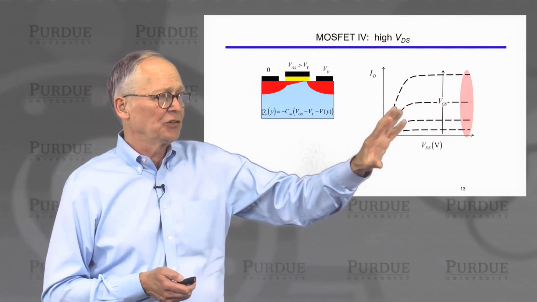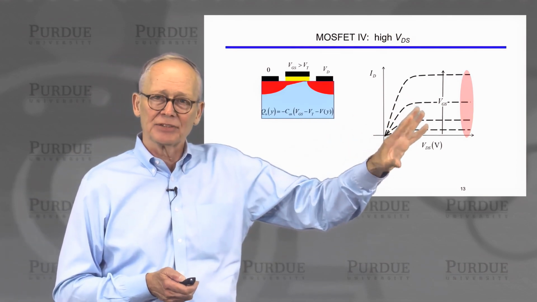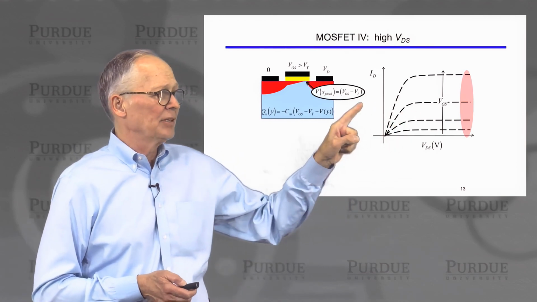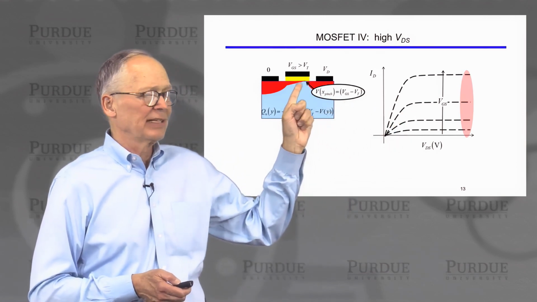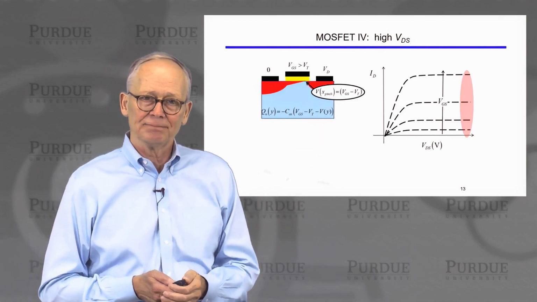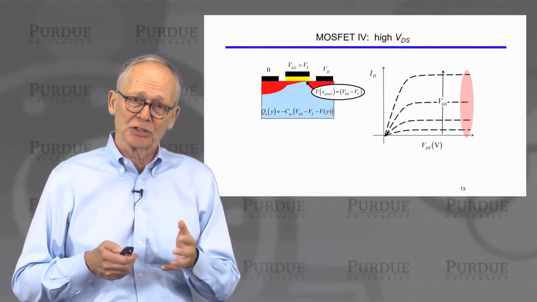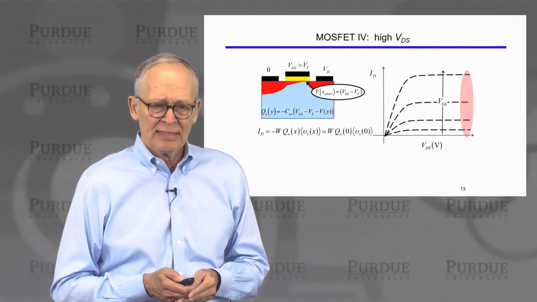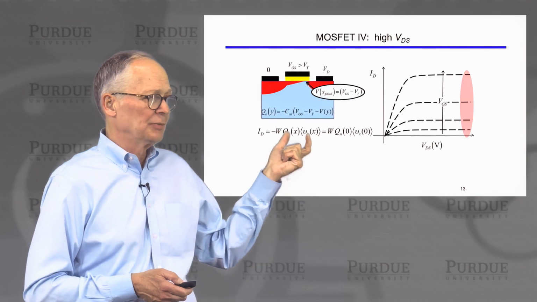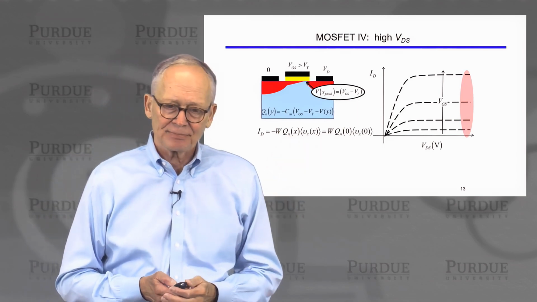Okay, so we're trying to understand the IV characteristics of this square law device. We know that at the end of the part of the channel that has charge in it, the voltage is Vg minus Vt. We've just deduced that's what puts the charge to approximately 0. So current is still width times charge times velocity.